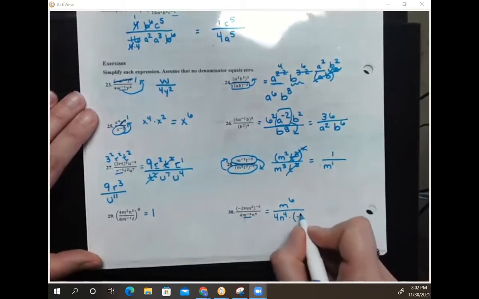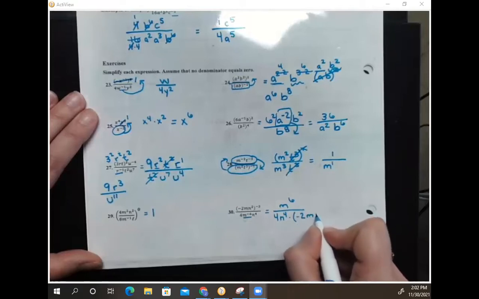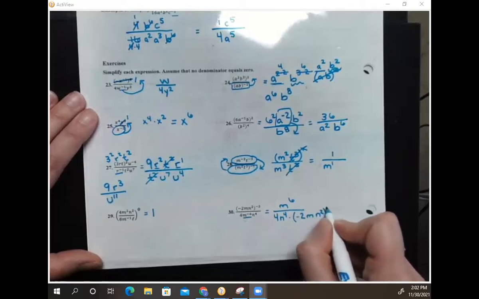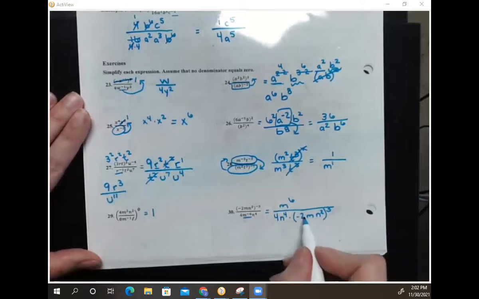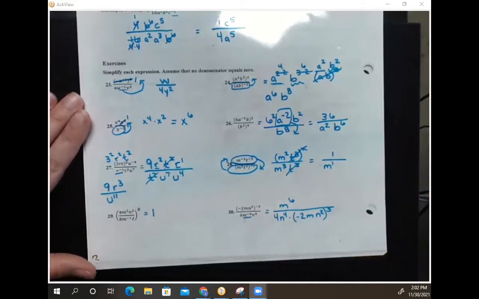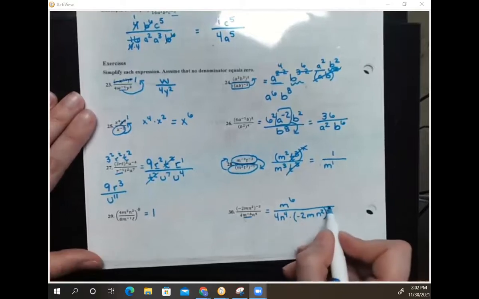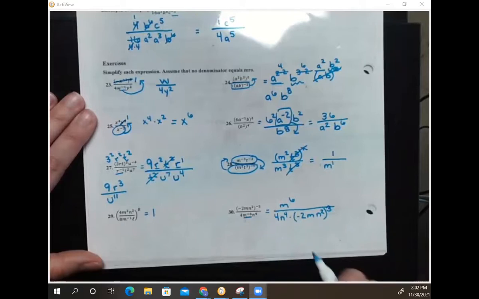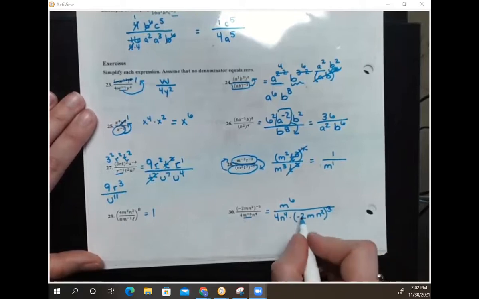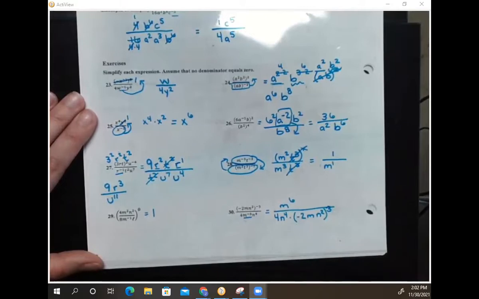And then I'll have negative 2 m n squared to the 3rd power. Once I move it, it's not negative anymore. I want you to notice that my negative 2 did not change signs. The sign on the exponent changes when I move it to the other part of the fraction, but this is not an exponent. This is just the number negative 2. I do not change the sign of numbers when I move them.